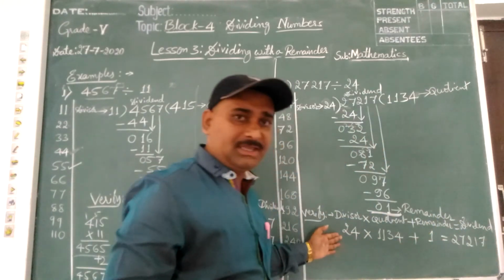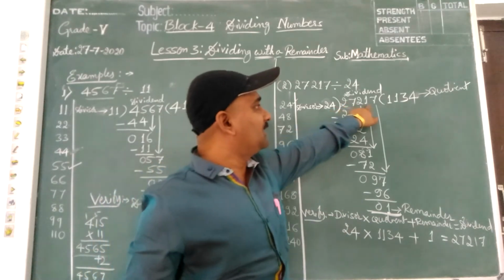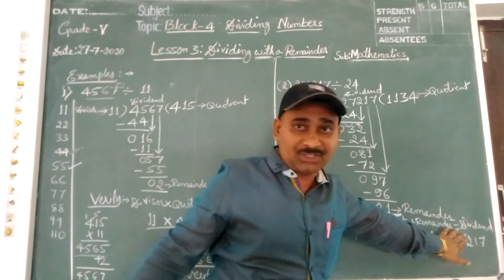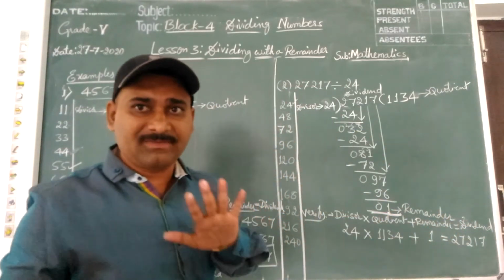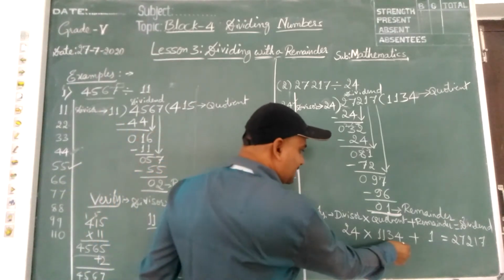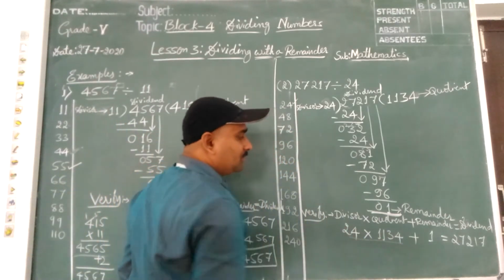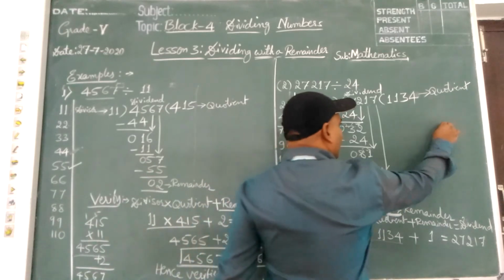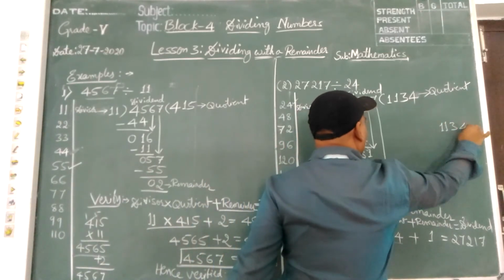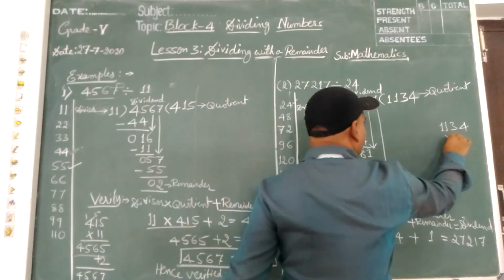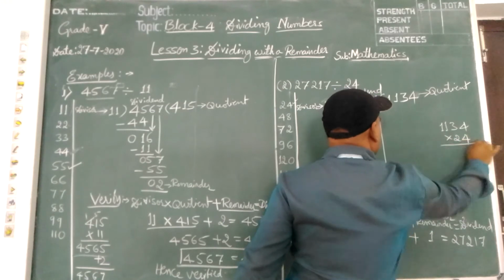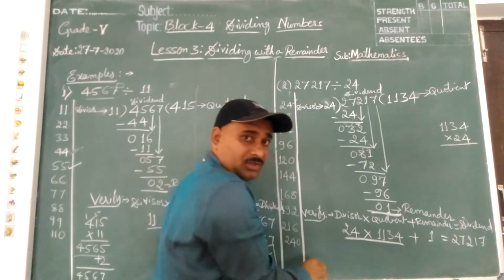If I do all these, I should get the dividend, children. Then only I am correct, otherwise I am wrong. So let us multiply these two, 1134 into 24.